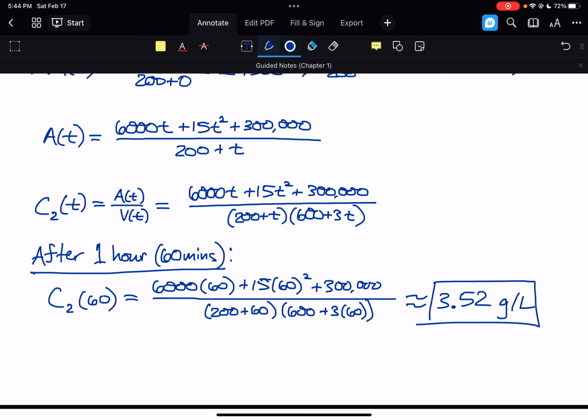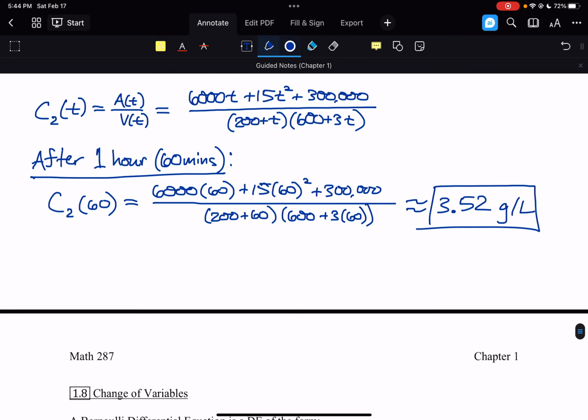So that would be our concentration. All of this was found by using our first order linear differential equations that we saw in the previous section.